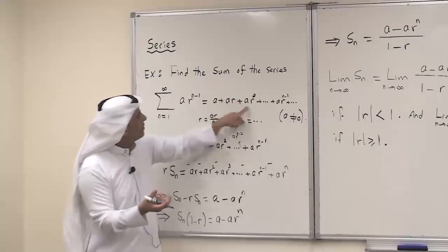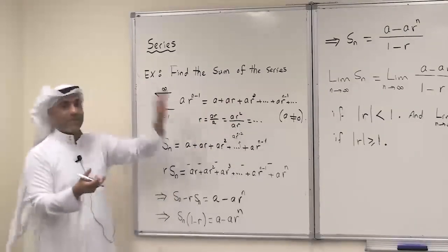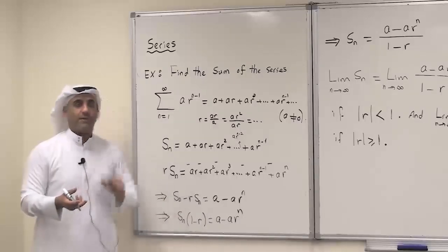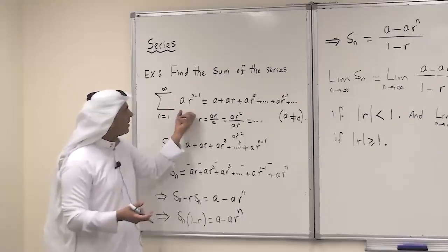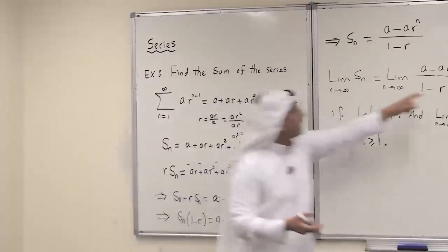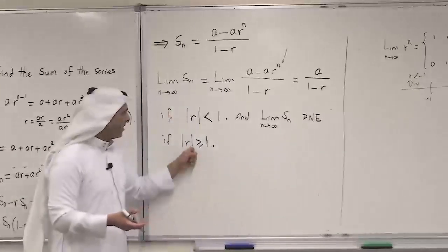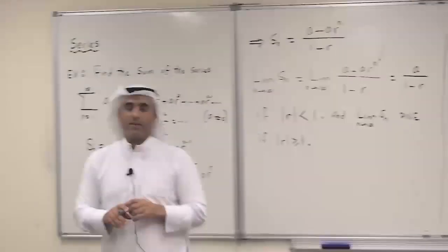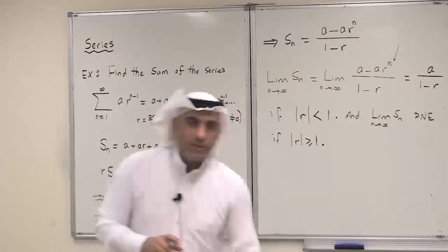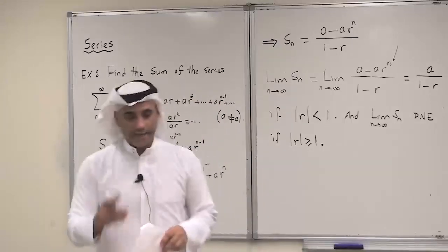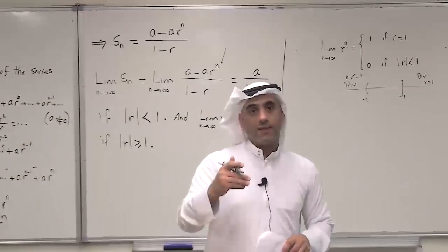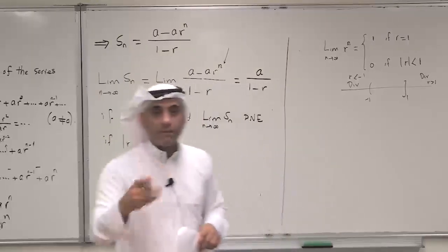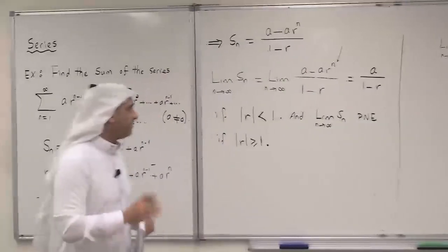The division of two consecutive terms always gives the same ratio, a real number r. Second, the test says if the absolute value of r is less than 1, it is convergent, and this is its sum. If the absolute value of r is greater than or equal to 1, it is divergent. That is what we call the geometric series test, and this is how to apply the definition of convergence and divergence of sequences.